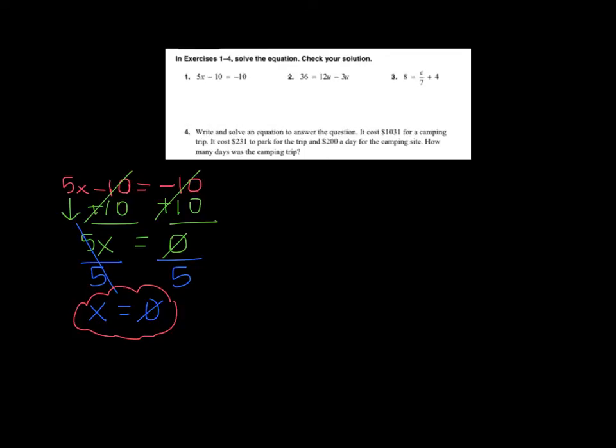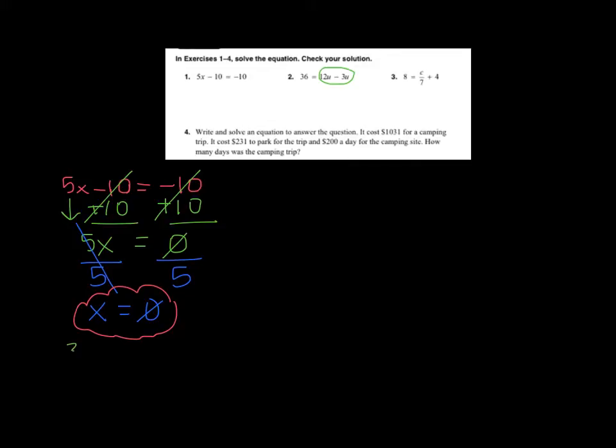So on number 2, we have 12a minus 3a on the same side of the equal sign. Actually, I can't tell if those are a's or u's on my screen here, but either way, we have 12u minus 3u or 12a minus 3a. And since they're on the same side, we want to go ahead and combine those like terms.